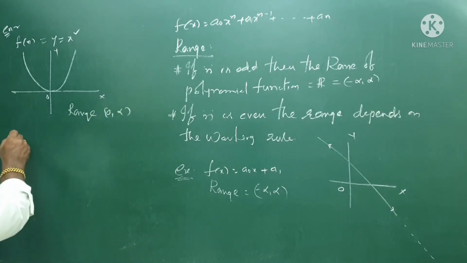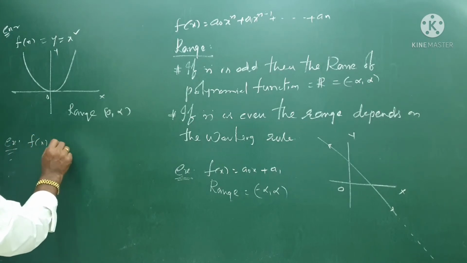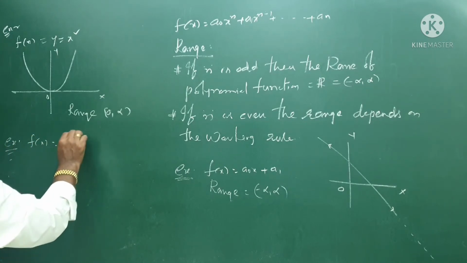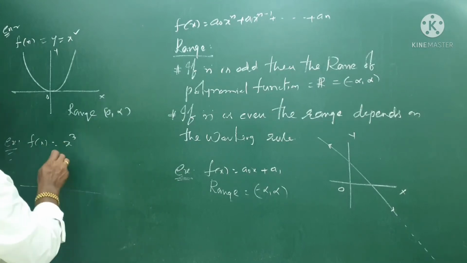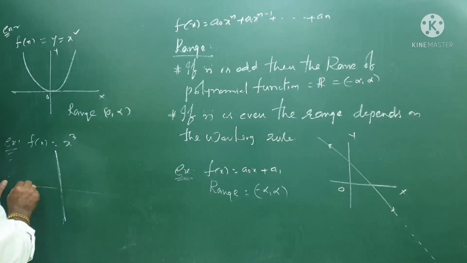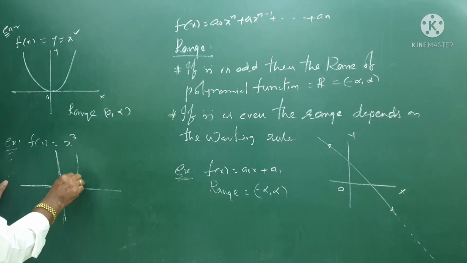Take one more example. Suppose f of x is equal to x cube, which is cubic, and the graph of this function will be like this.